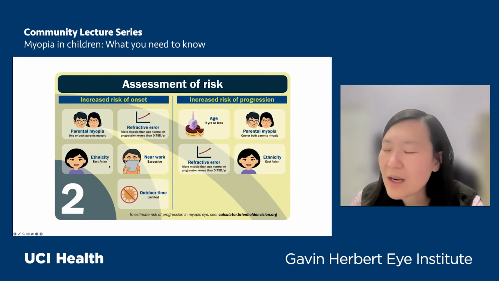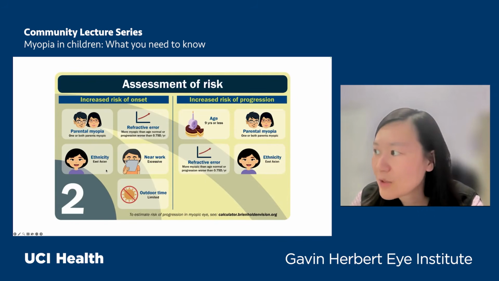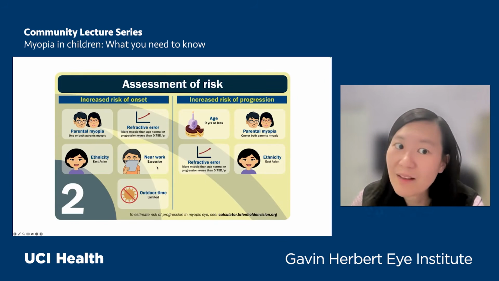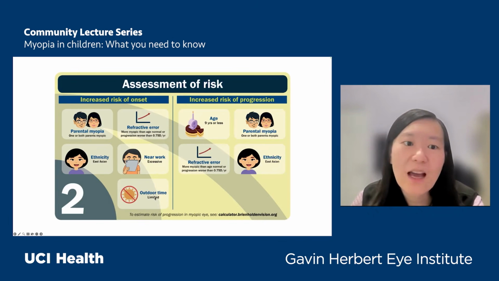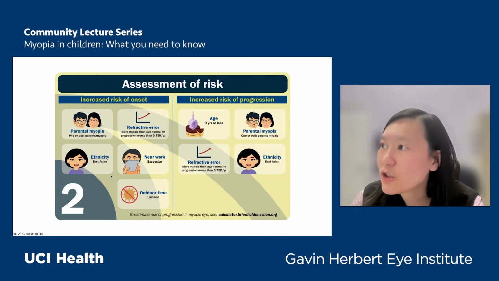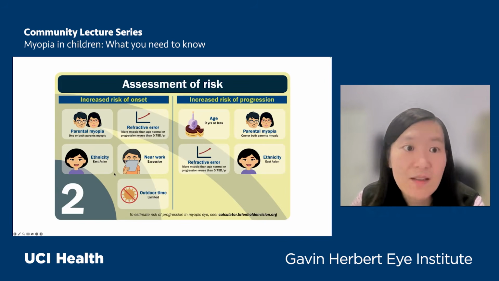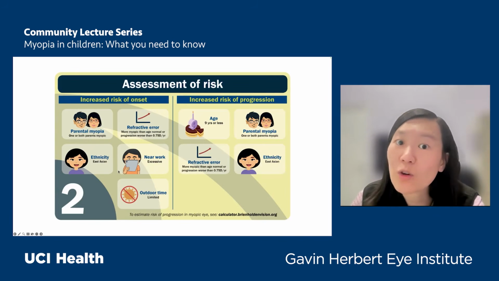Southeast Asians have a higher prevalence of nearsightedness, and I also look at whether or not you spend a lot of time looking at the iPad and whether or not you go outside a lot. So that is the initial assessment of increased risk of onset, meaning early onset, or starting to need to wear glasses at an early age.